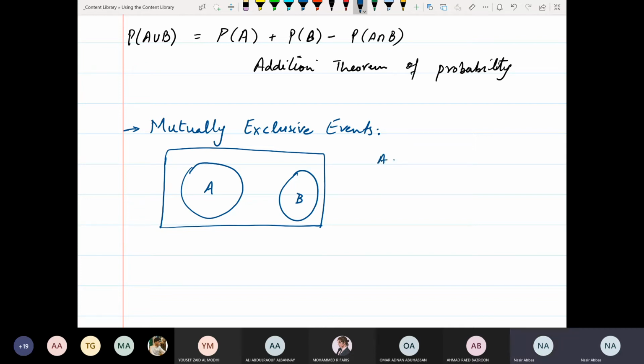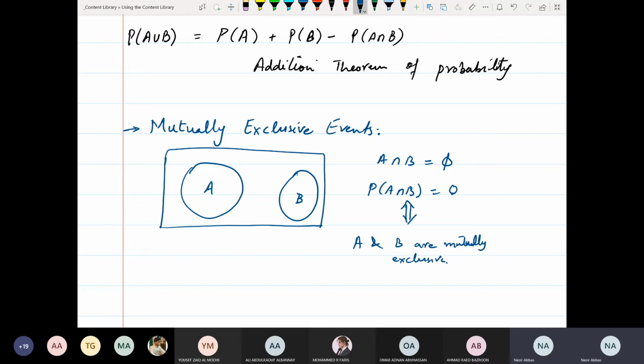So these are the conditions: A intersection B equal to phi, or equivalently probability of A intersection B is equal to 0. This implies A and B are mutually exclusive.